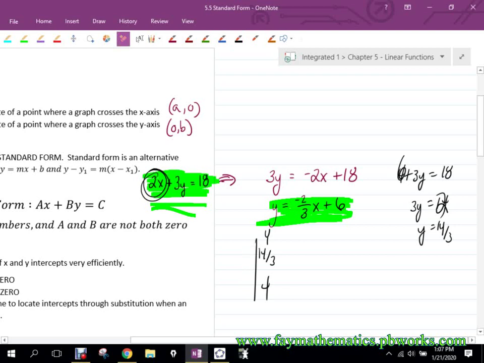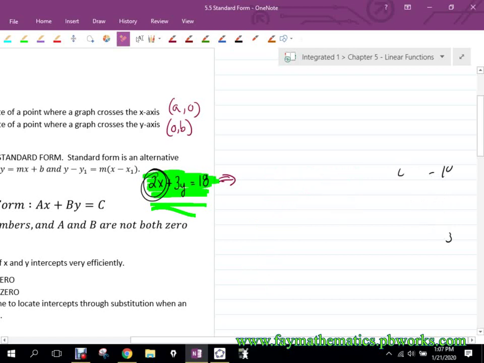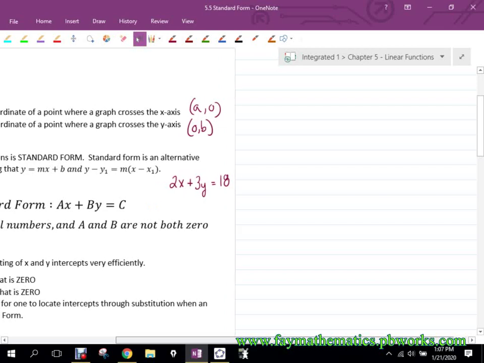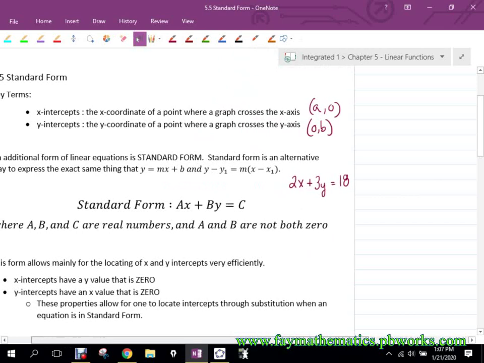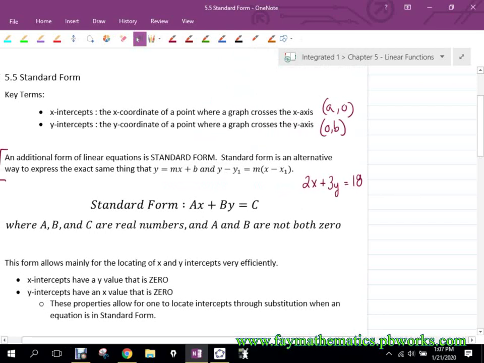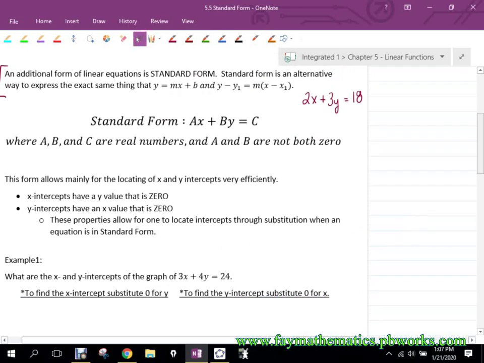What I want us to see here is that when something is in standard form, it is so much easier to use our x and y intercepts to solve for 2 points so that we can graph this thing. Okay? And this is what's kind of happening down here.